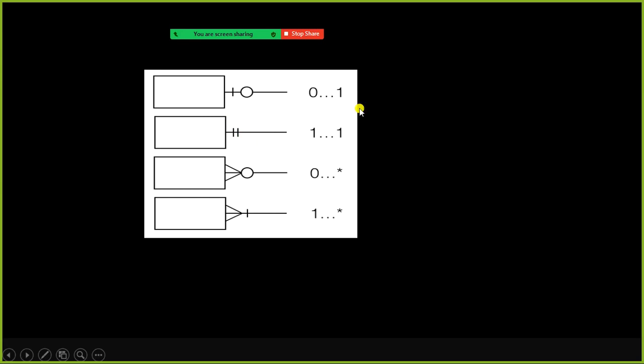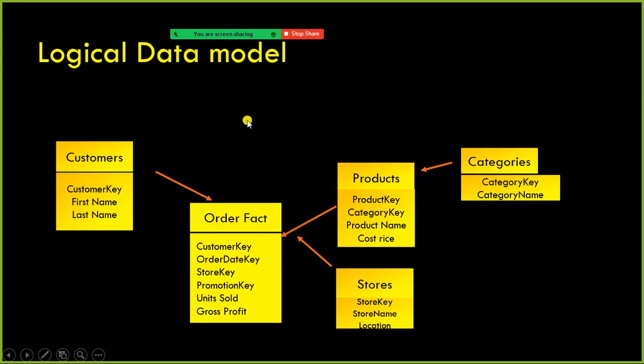The next one is 0 or 1 relationship. In this case, a company can provide no service, or they can provide only one service. These are the notations used to define the relationship between the tables.